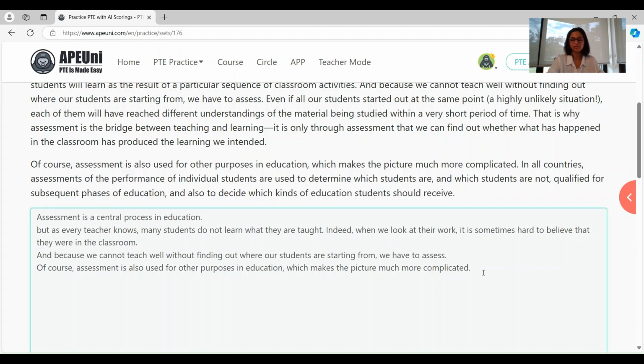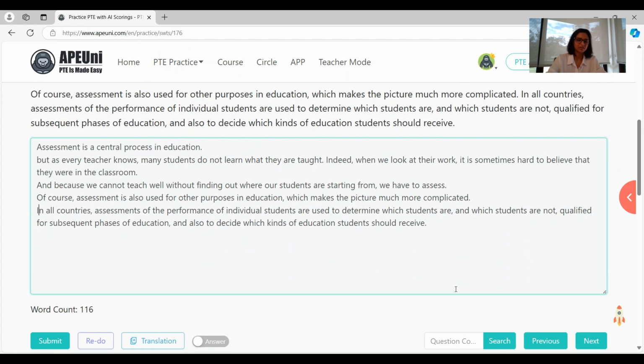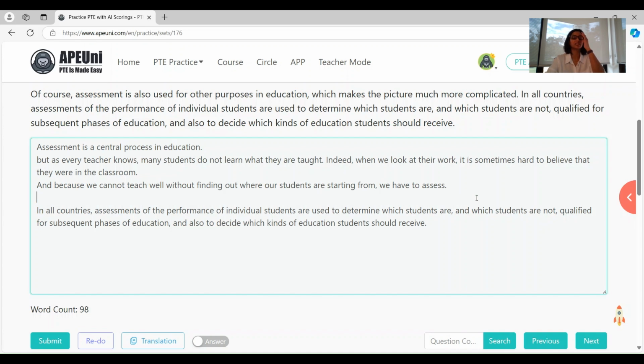Okay, let's see. I've taken one last sentence. I haven't even had a chance to read it properly. All right. Okay. 116. Now it's just too much. Let's take off that sentence. All right, that's much easier to deal with.